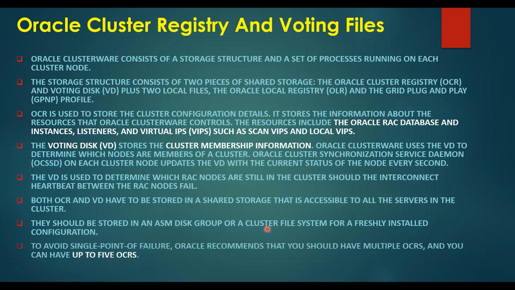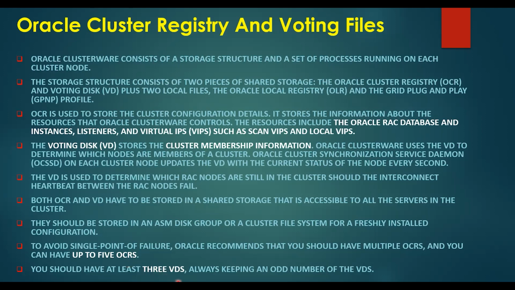Apart from that, to avoid a single point of failure, Oracle recommends you have up to 5 OCR locations, and regarding the voting disk, at least 3. Always keep an odd number of voting disks. So why should it be an odd number?